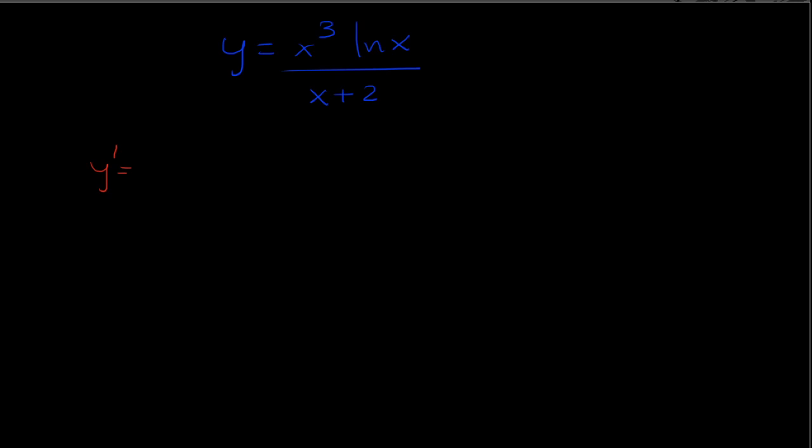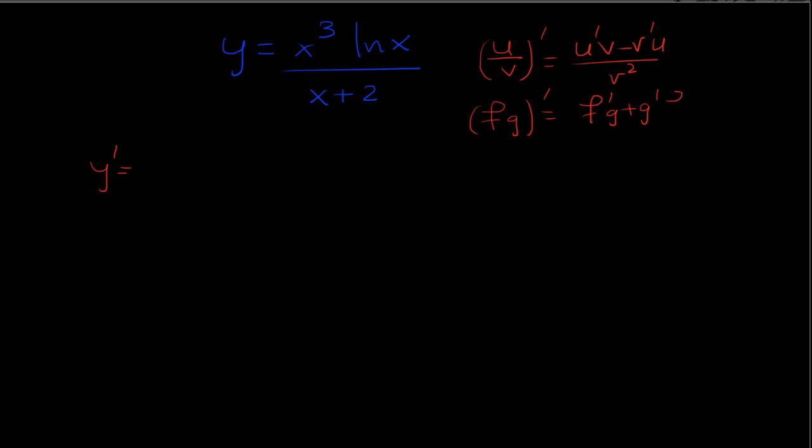Okay, so a couple things here. The derivative of u over v is u prime v minus v prime u over v squared. And if I'm multiplying two functions, we'll call them f and g, the derivative would just be f prime g plus g prime f.